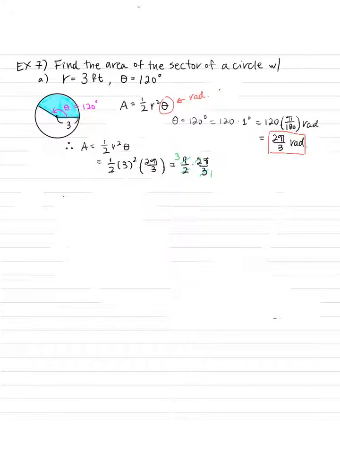Okay, so it looks like this is going to be just 3 pi. Now if you punch that in the calculator, 3 times pi, this should give you a decimal approximation. So this is approximately 9.425 square feet. So the little shaded portion of the area is approximately 9.425 square feet.